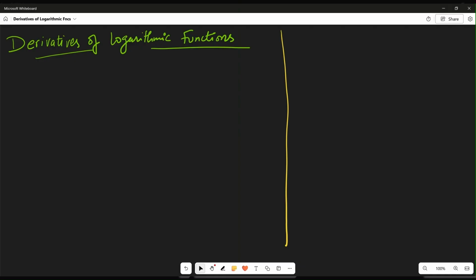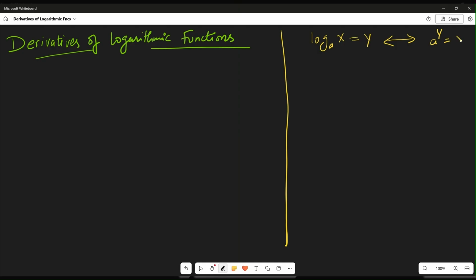For example, the logarithmic function log with base a of x, we call this the argument, is equal to y, which we call the exponent. This is simply equal to this function, so base and exponent go at the top in power, which is equal to x.